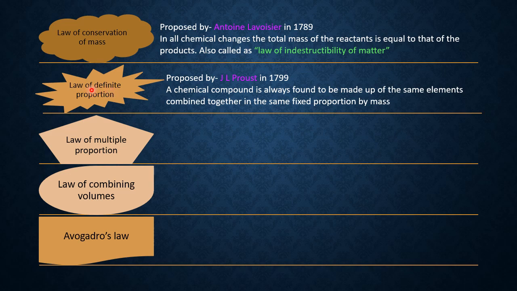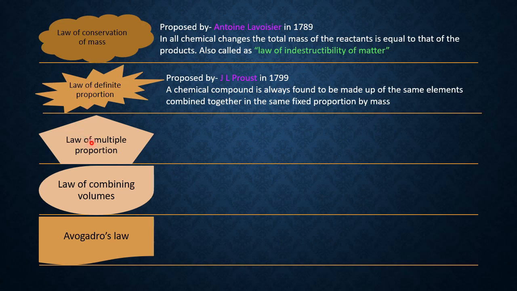Now, the third law, the law of multiple proportion. Here, proportion is multiplied, meaning what? The previous law is for the formation of only one molecule. But this law is for when two or more elements combine and form more than one molecule.